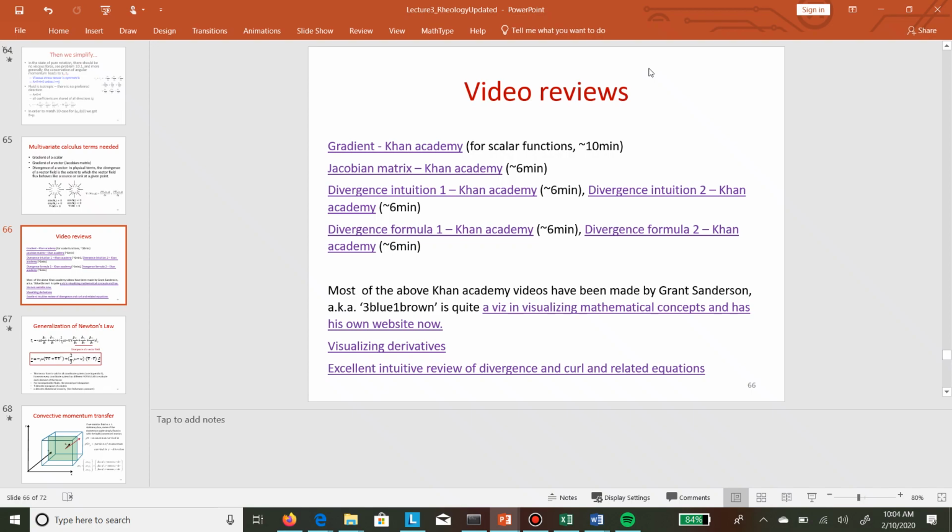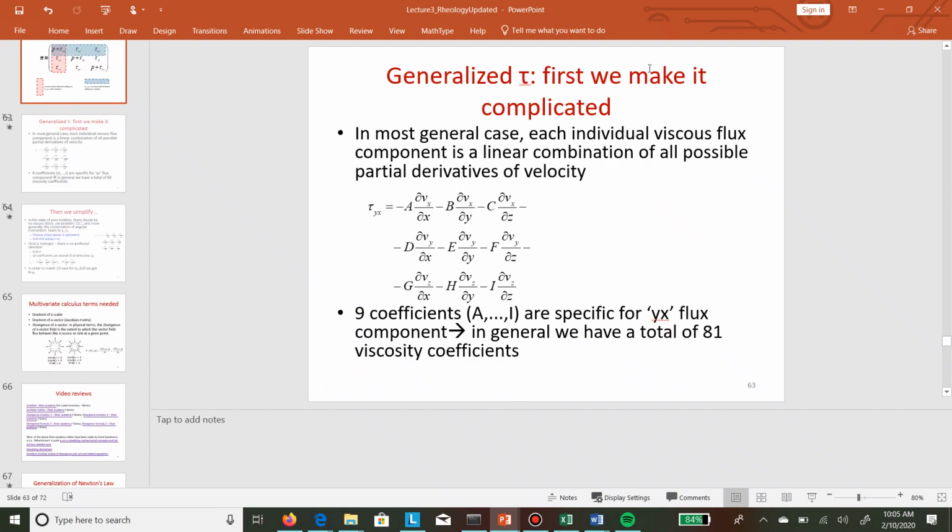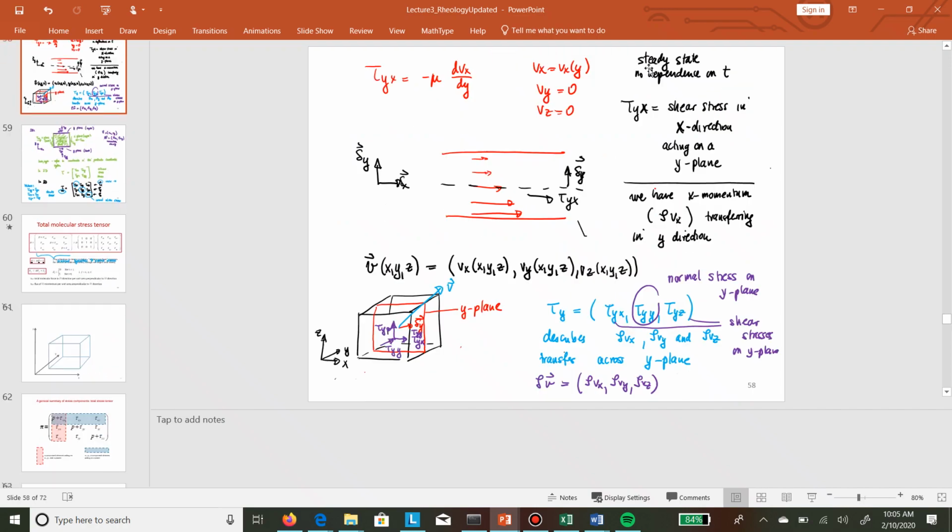But not just calculus, there's all kinds of concepts connecting both math and physics. And it's definitely worth exploring those websites. They're not long videos. All of these are about 6 minutes. We're going to look at one of these divergence situations today. Anyway, but before that, I'm getting ahead of myself.